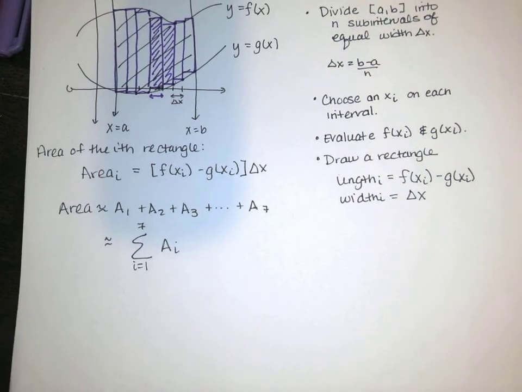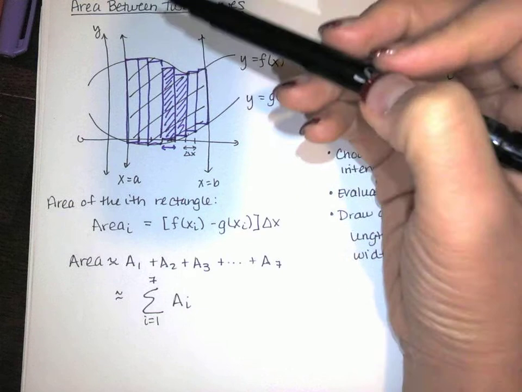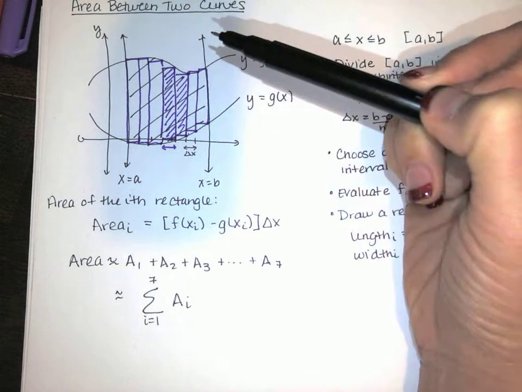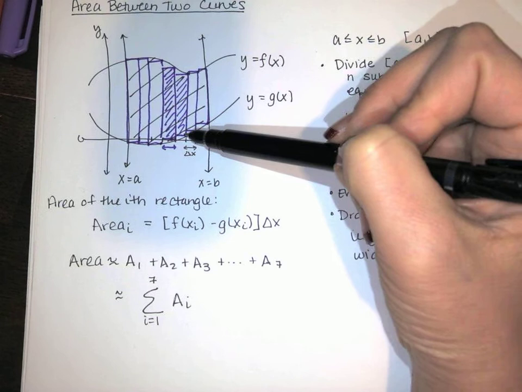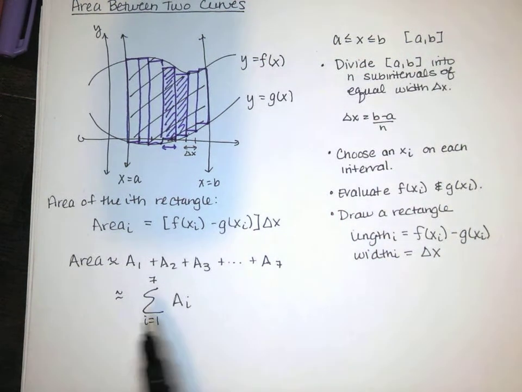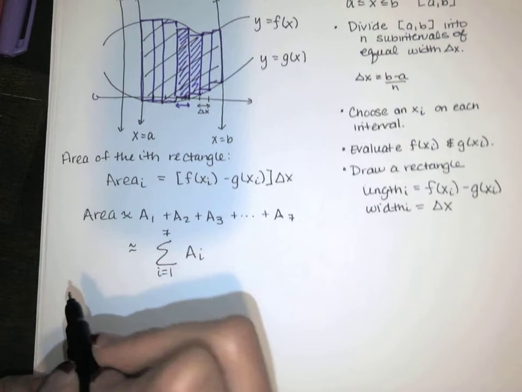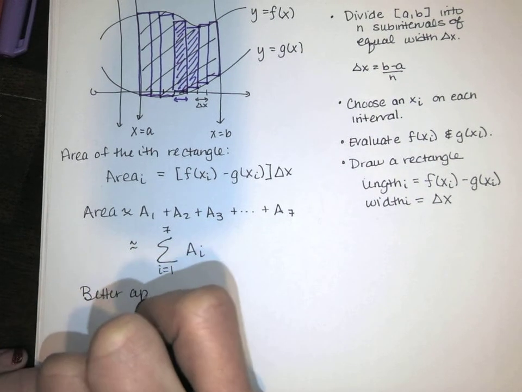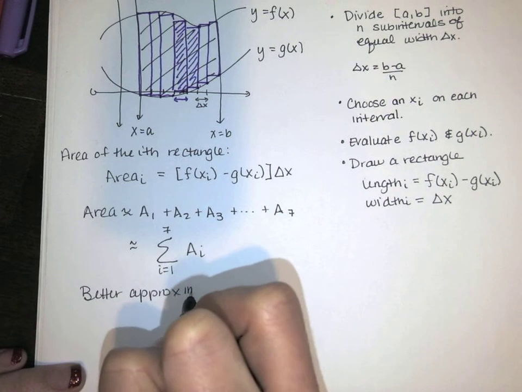Now, if you're a perfectionist, you might say, I've got a problem with this. Look at that little space. I'm not covering that. What about that? We've got an overestimate over here. You know, we've got lots of problems. This is not giving me the exact area. If you want a better approximation, do you remember what we did in Calculus 1? You just took more rectangles.